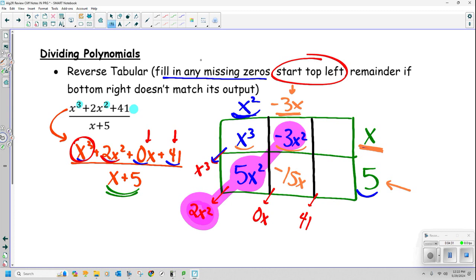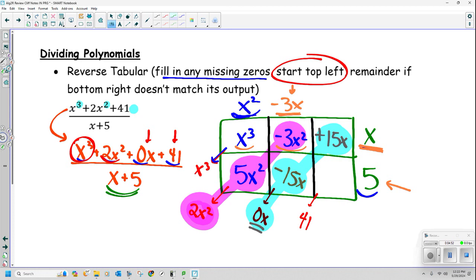Now we're at a point, again, where this inside should combine or add with this inside to output 0. If I have negative 15x, that means positive 15x would combine to get my 0.